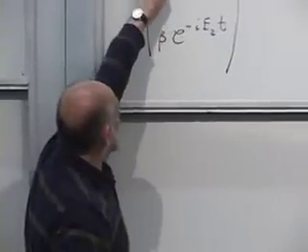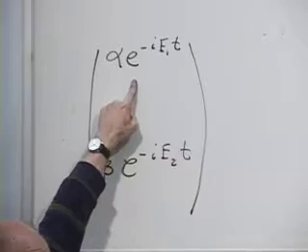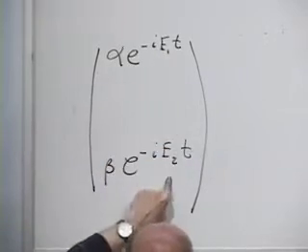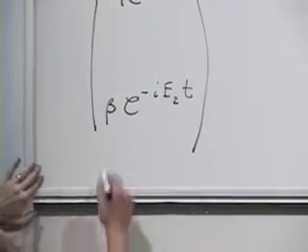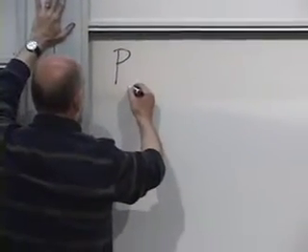It's just the entry up here, the square of the entry in the top. This one corresponds to x, this one corresponds to y.